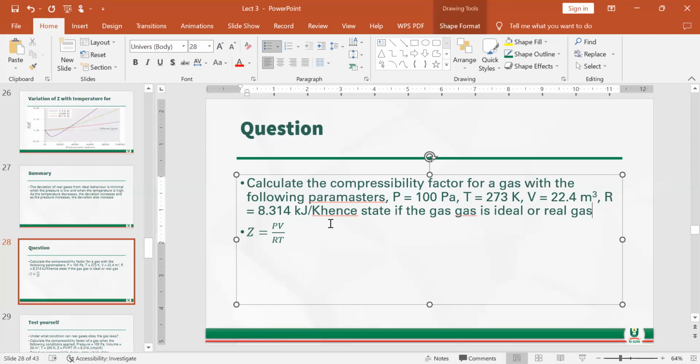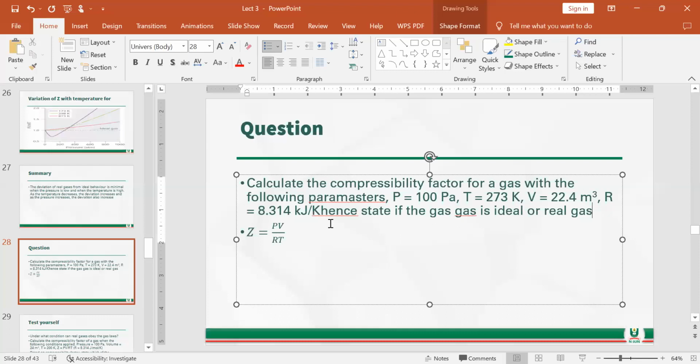100 times the volume, 22.4, is equal to this, divided by R, 8.314, divided by the temperature, which is 273.